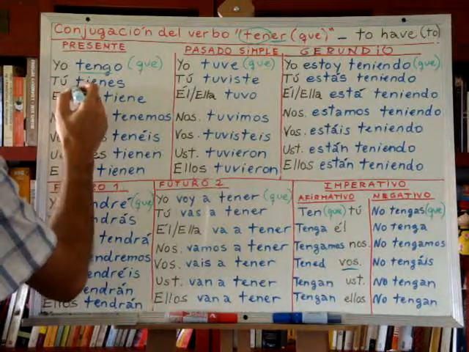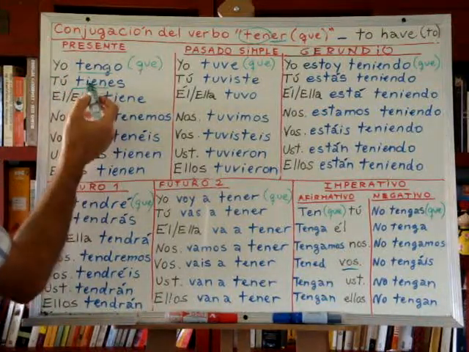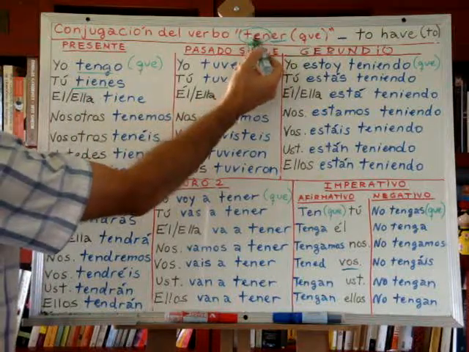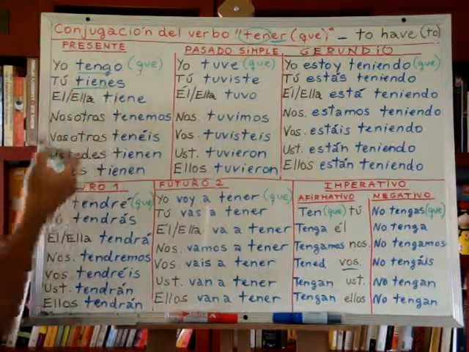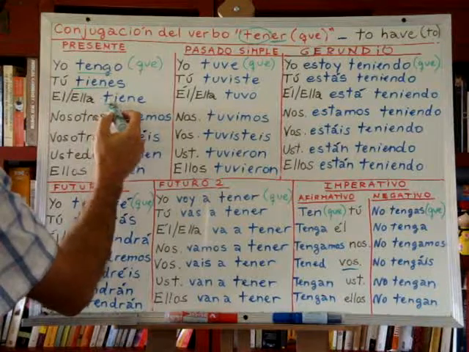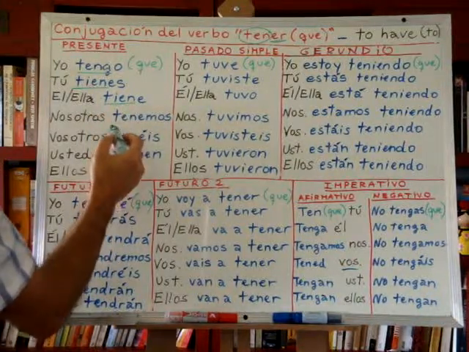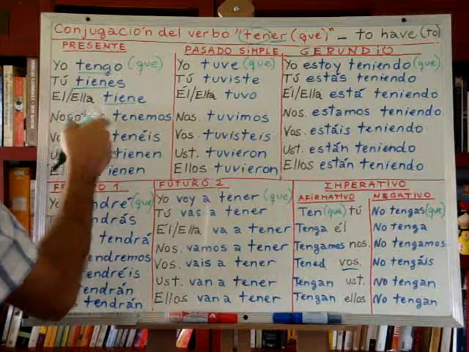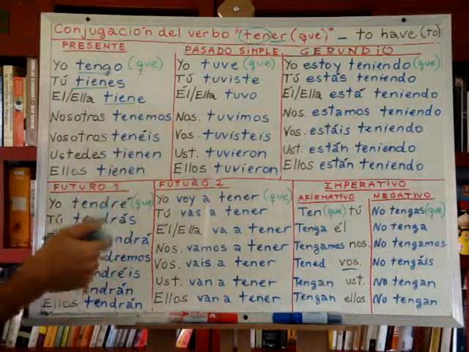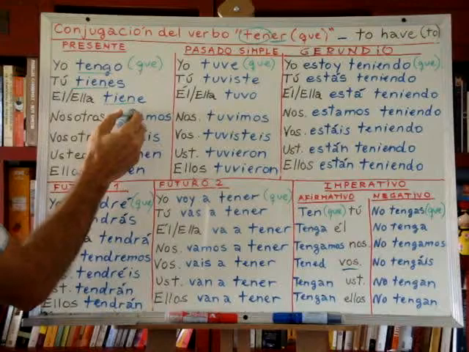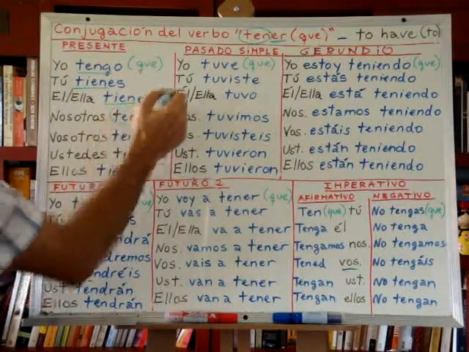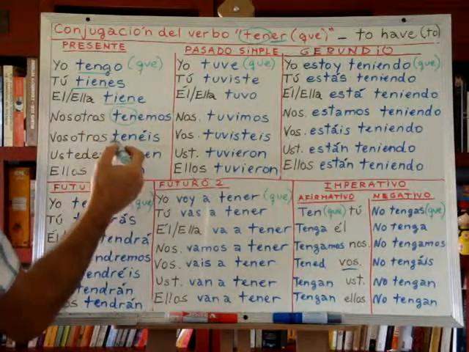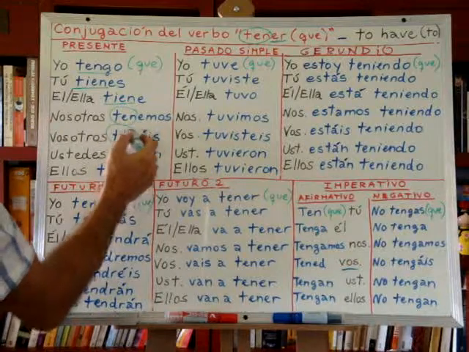Here it's also irregular, and it's more visible because the root of the verb changed from ten to tien, right? Here as well. Here it's regular, and nosotros tenemos, right? Here it is regular. You can see how this remained unchanged, the same, okay? Here it's also regular.